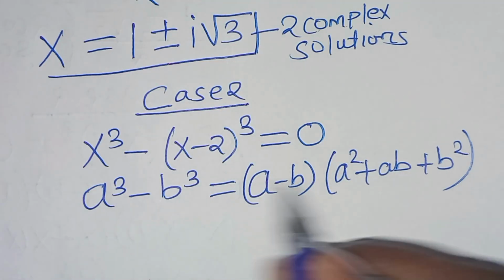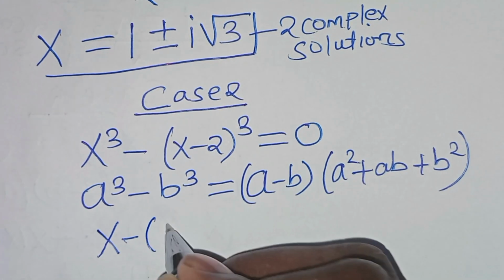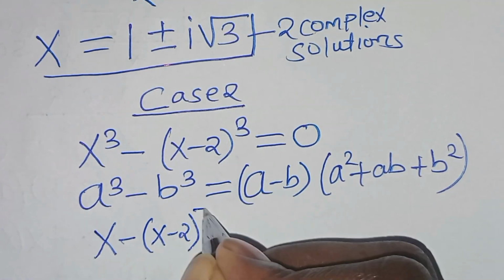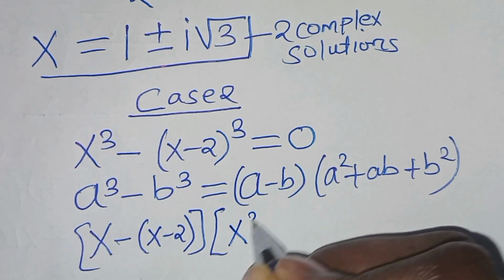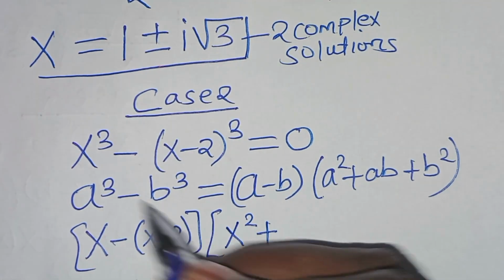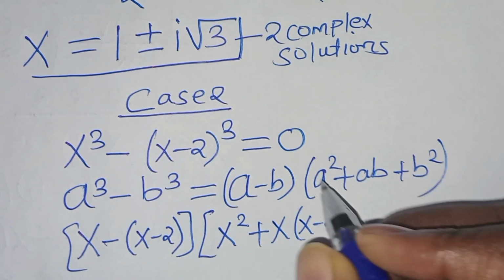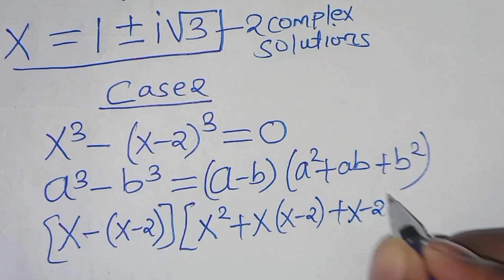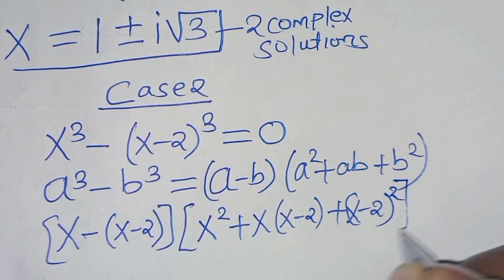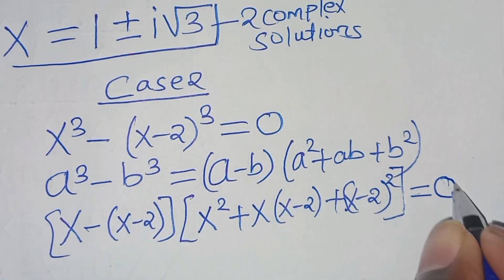Applying this identity from here, we have x minus x minus 2 from here. Then we have x squared plus x times x minus 2, then plus x minus 2 squared, close the parentheses, this is equal to 0.